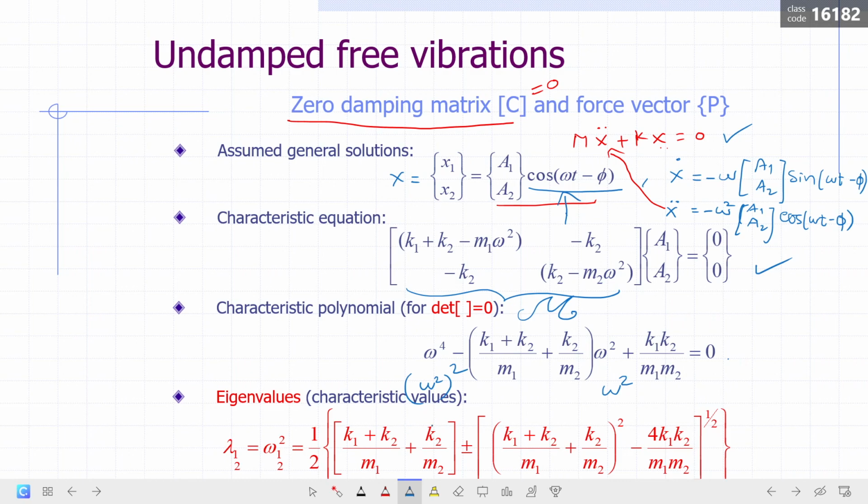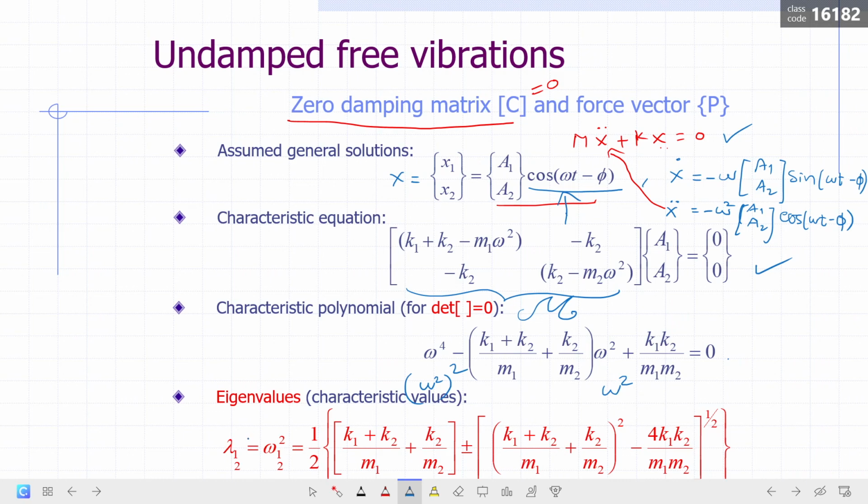So we have two positive roots for omega square. Am I correct? Yes, two positive roots. And then when we find omega, we can have four roots, right? This is because it's fourth order. That's why you can get the four roots.